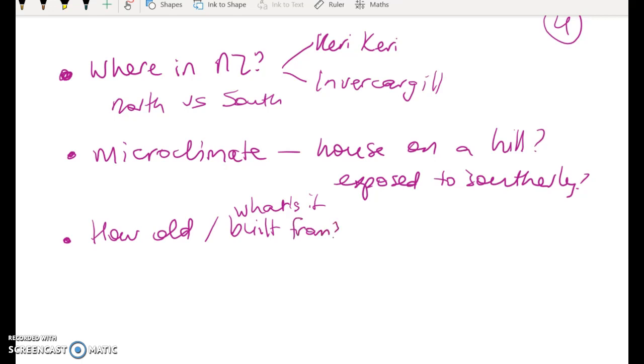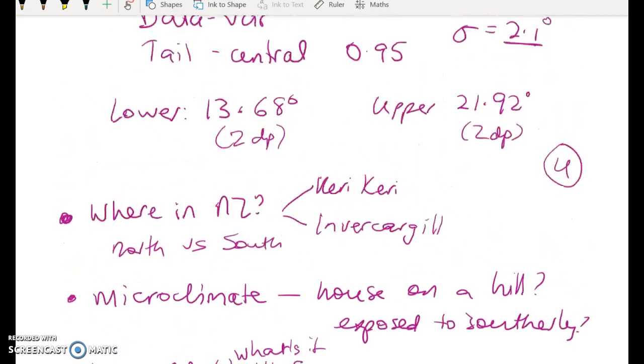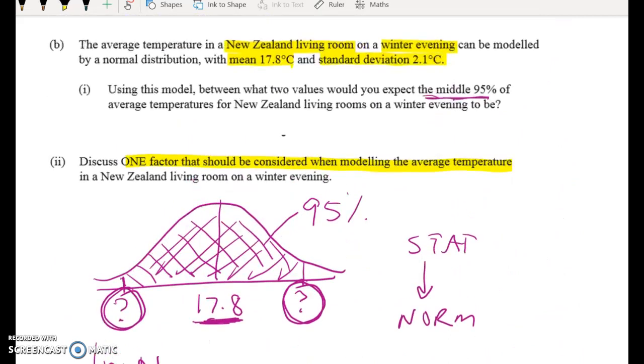Old houses tend to be less well insulated, draftier, and you'll have wind coming in under the front doors and through the windows. So insulation is a big thing. If you discussed in context how any of those things would affect the model, or just one factor that should be considered, you'd be fine. And you get a merit tick if you get all of that right.